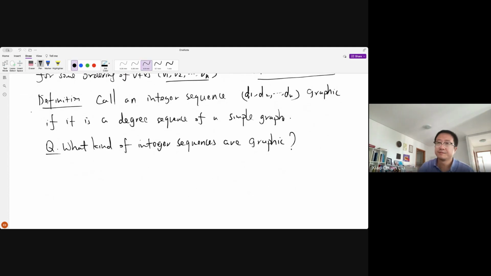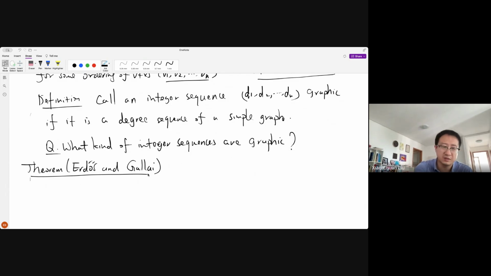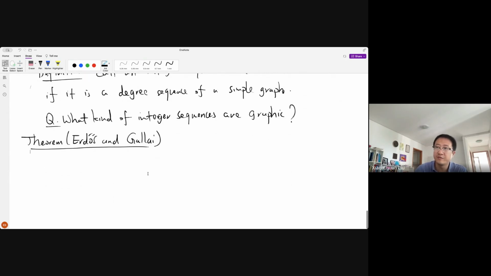The theorem of Erdős and Gallai. I think they together published a lot of papers, and this has all kinds of different theorems named after them.